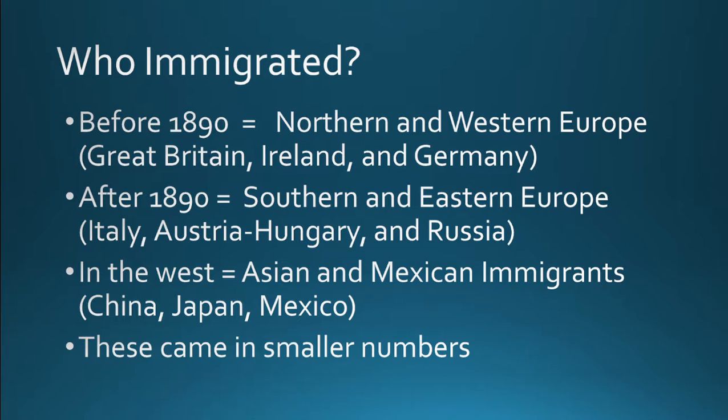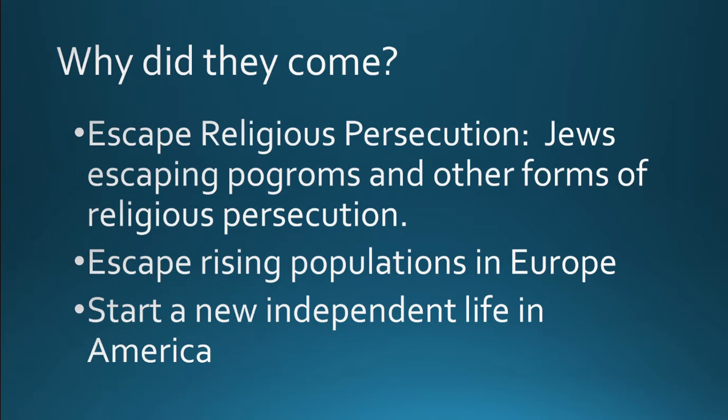And again, the Chinese guy, the Japanese guy, and the Mexican guy doesn't look like a blue-eyed, blonde-haired person. The Chinese and Japanese are not Christian. They're not Anglo-Saxon, whether it be Catholic or Protestant. The Mexican guy is, but he looks different. So we don't like those guys as much.